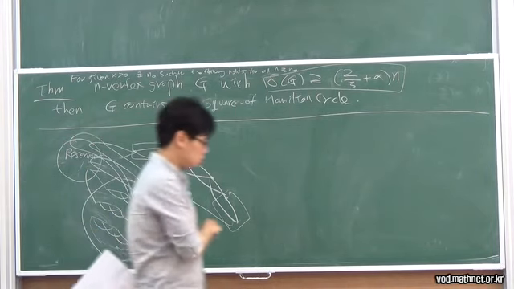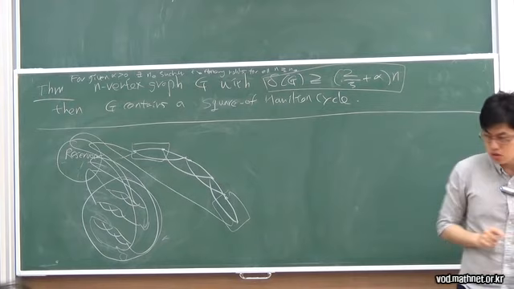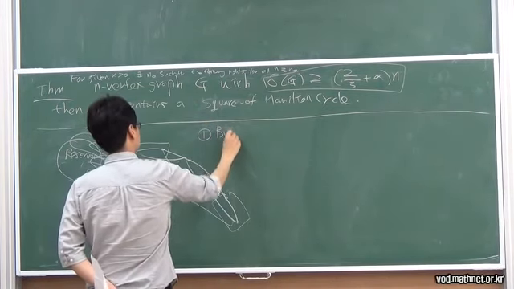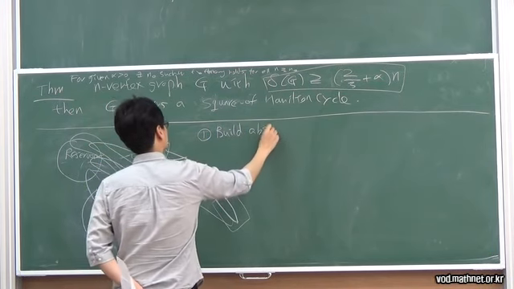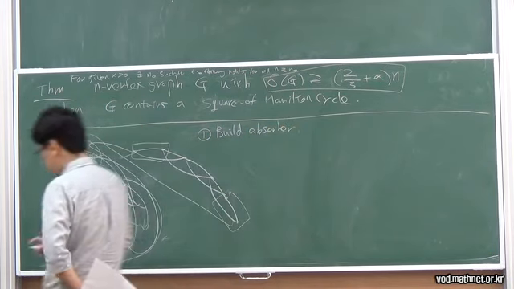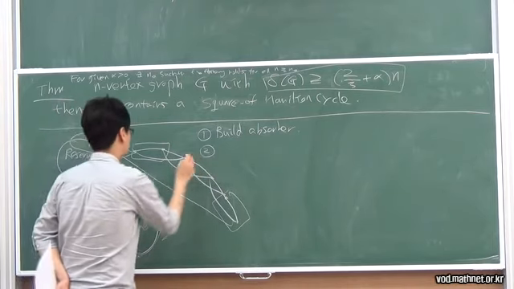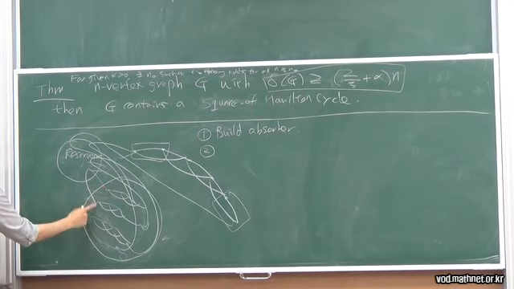To do that, we need to prove several facts. First, we have to build an observer with the properties that we desire. Second, we have to be able to connect these parts or grow this path.